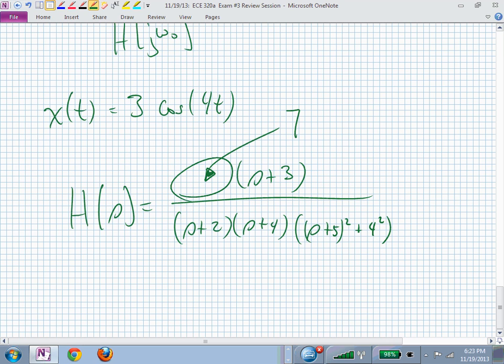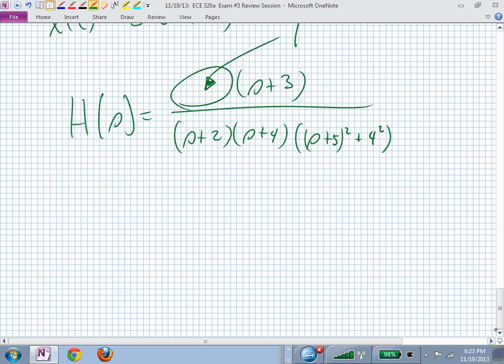What is your DC gain for those choices of numbers? You just evaluate that at H, or at S equals 0.